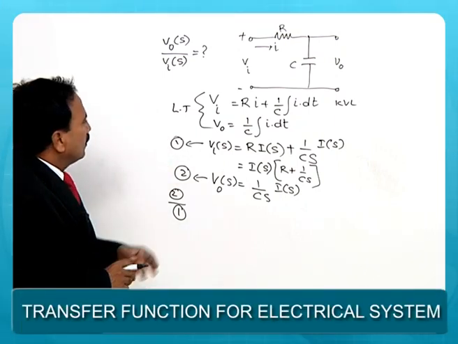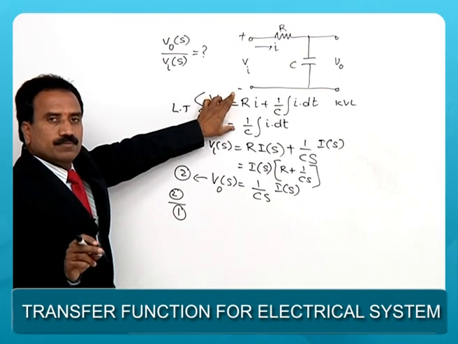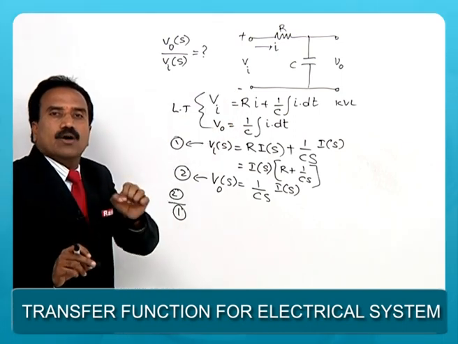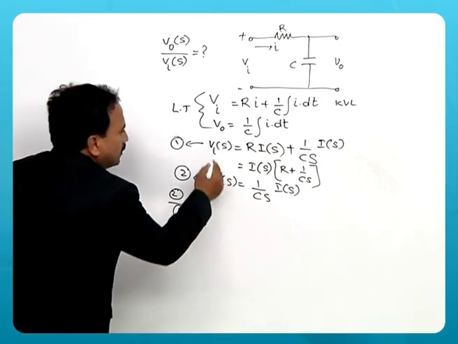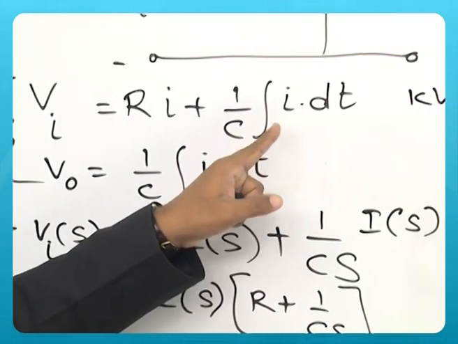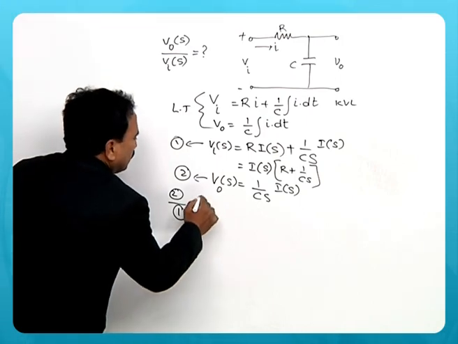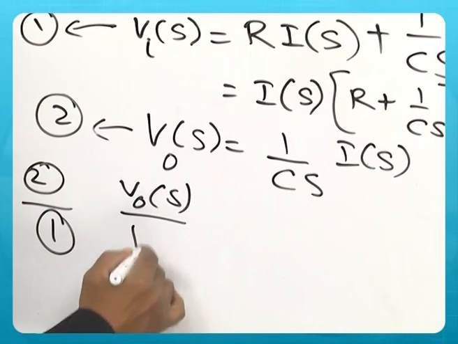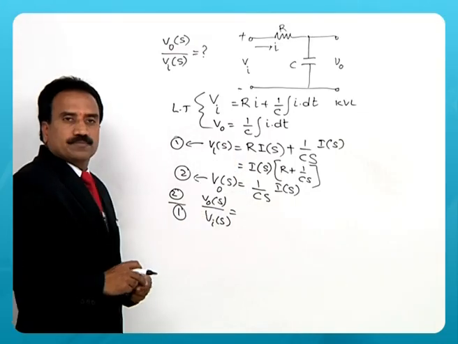So, if you know this, writing equations using basic laws, maybe KVL or KCL, and then getting the transfer function is not at all difficult, because the only difficulty you have when you have an integration term is that it is 1 by Cs. So now you get V0 of s by Vi of s, this divided by this.